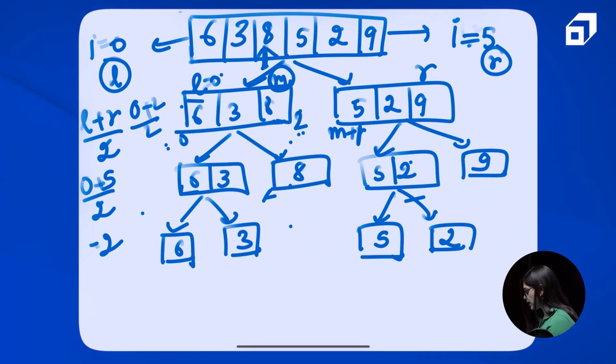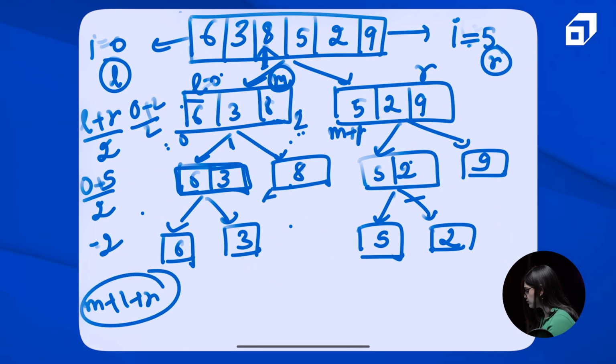So 0 to 1 will be one subarray, and 2 to 2, which is M plus 1 to R, will be this one. This is an array of length 1. This way we can divide, basically calculating the middle and then dividing based on L to M in one subarray and M plus 1 to R in another. We'll keep dividing until we land at a place where we are left with just one element. Now we'll understand how we are merging two sorted subarrays together.